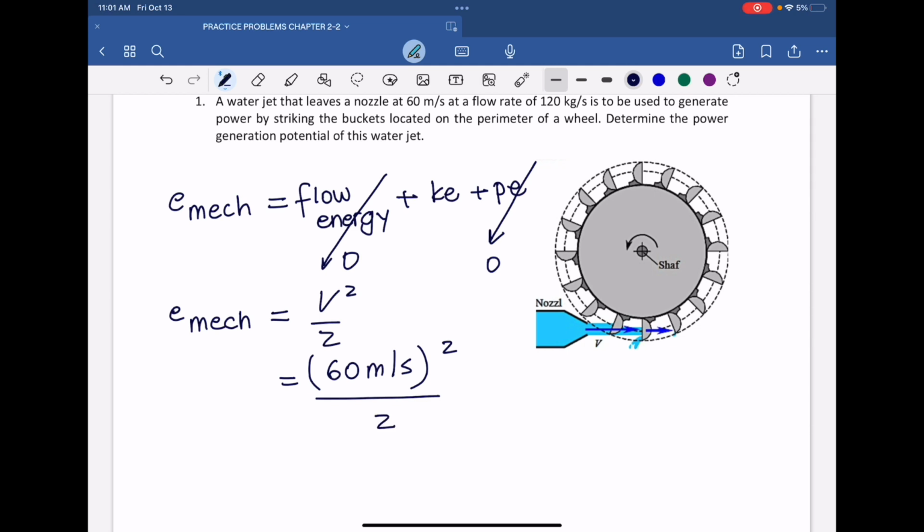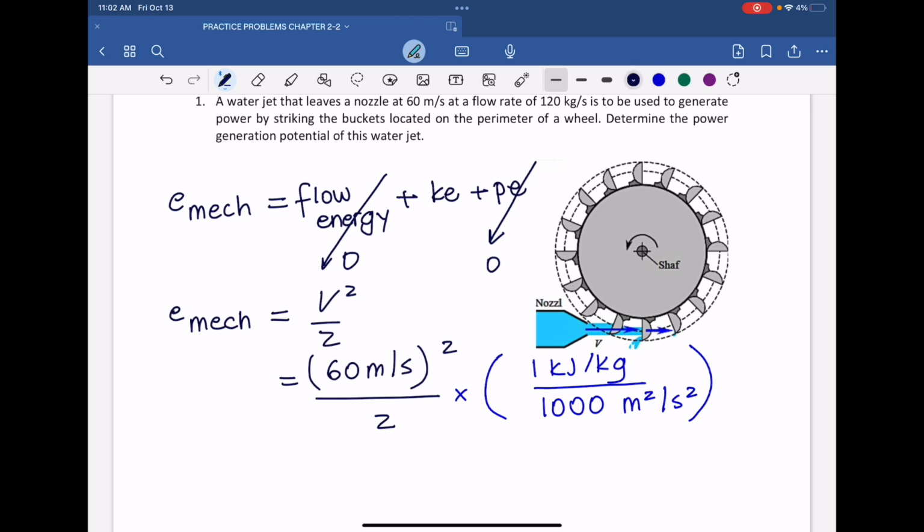And again, we need to be very careful when we are dealing with kinetic and potential energies. Since the unit is meters squared per second squared, we need to multiply this with the unity conversion ratio to convert it to energy per mass. So we know that 1 kilojoule per kilogram is equal to 1000 meters squared per second squared.